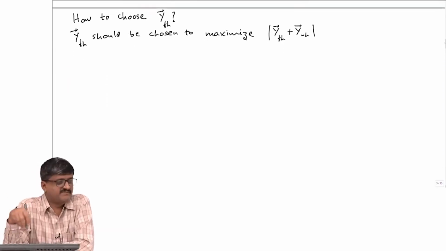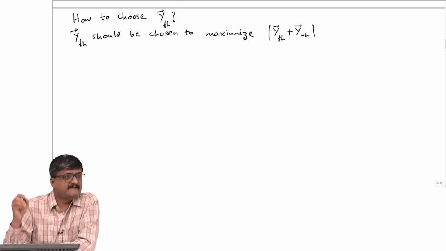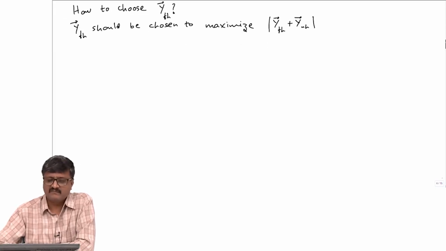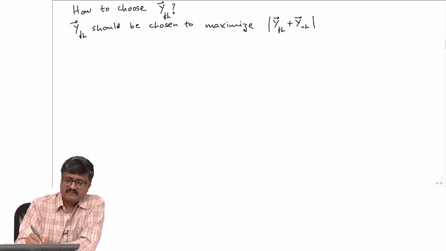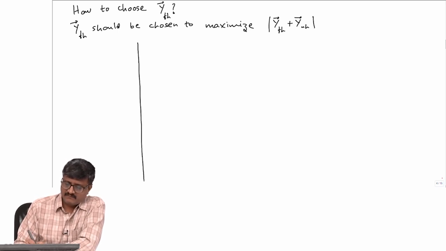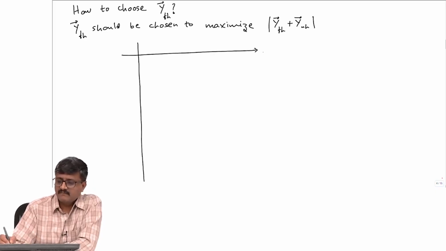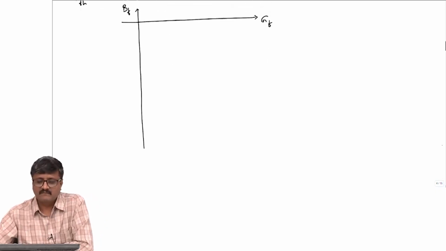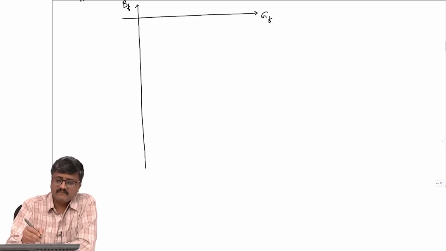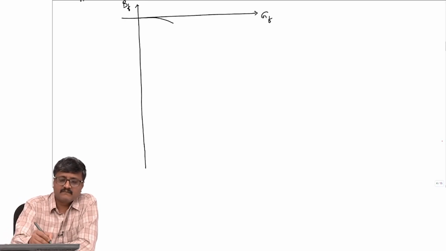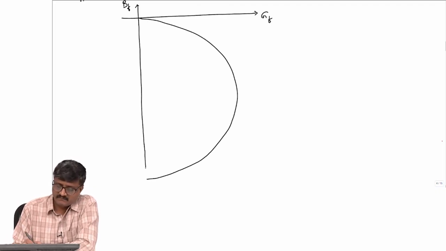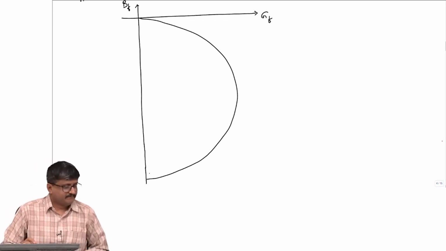Again, we have the objective here. The objective is to maximize y of h plus y n h.